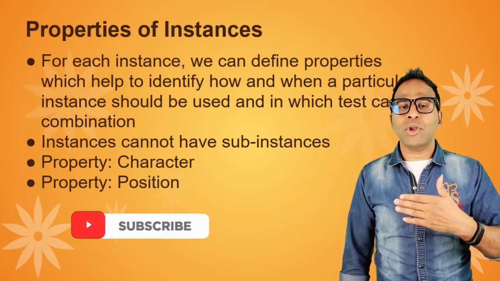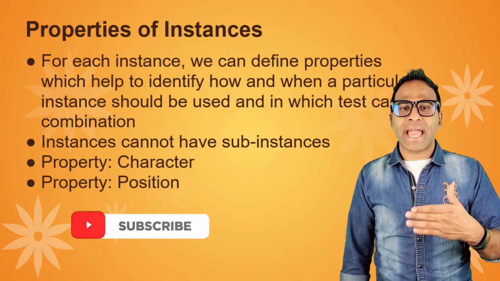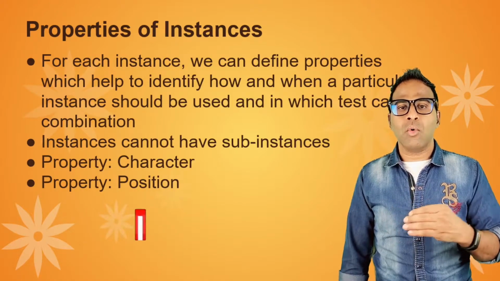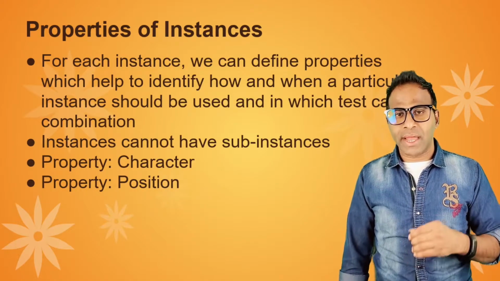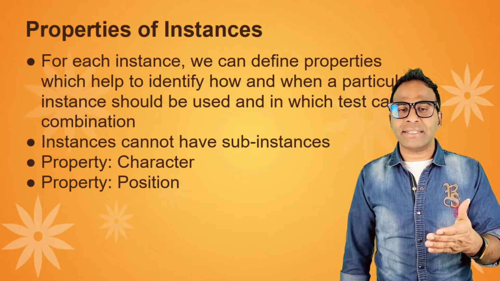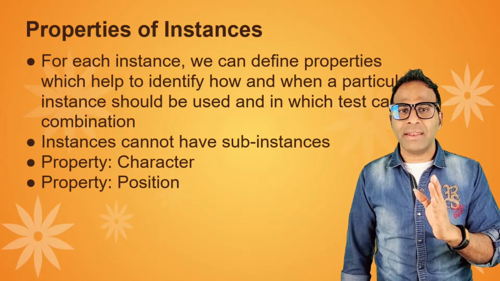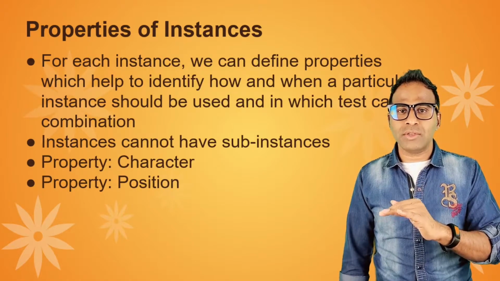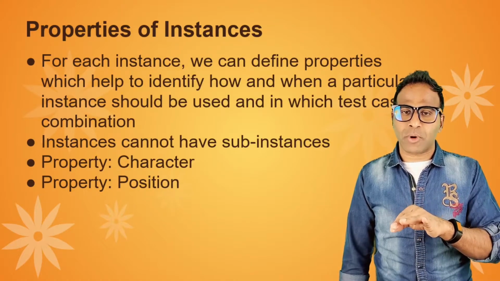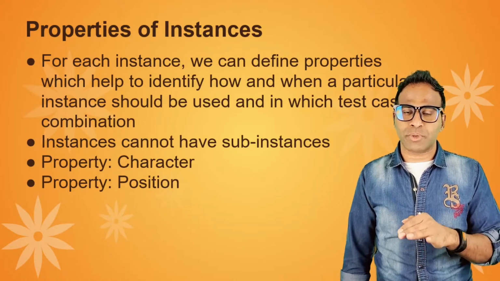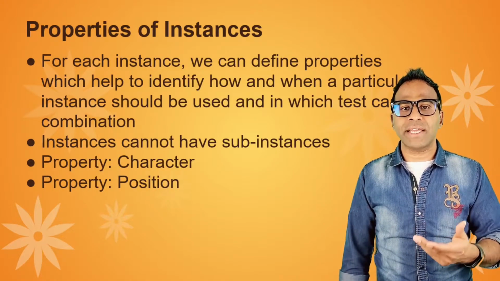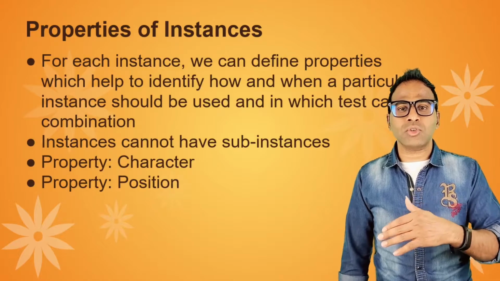I'm going to explain what this character property means and how we use it while defining instances, so that you can easily understand how and when you can use these instances. In the same way, I will explain how we can use the position property and how it helps us in defining the instances for the test case combinations.